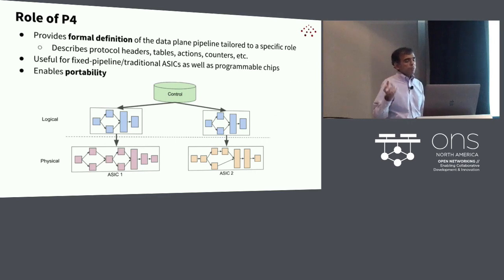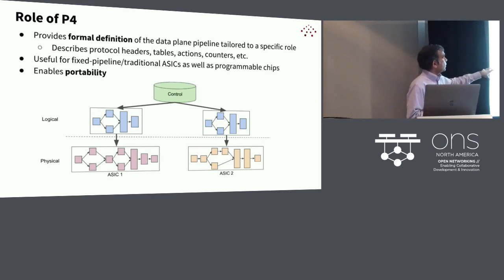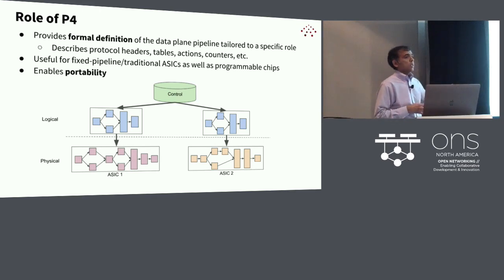So I mentioned P4. Let's just take a moment to see the role of P4 here. P4, I guess everybody knows, is a formal definition language that can describe the forwarding pipeline. The important thing that we do here is that we use the P4 runtime aspect to make this portable to different architectures.